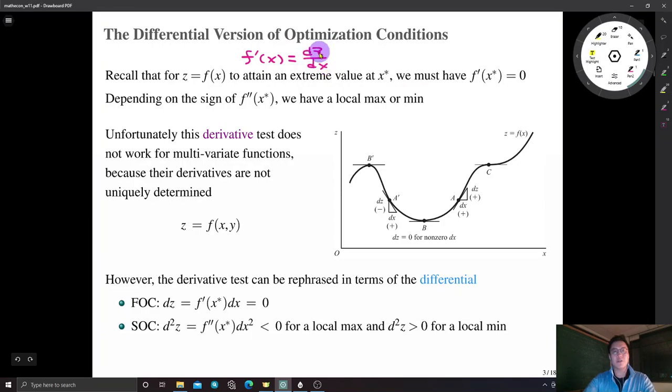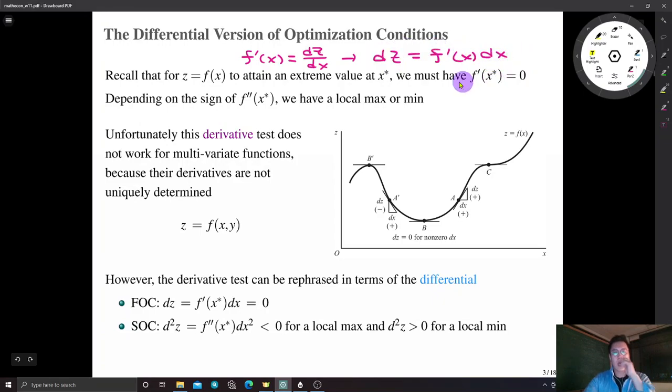Okay, so marginal change in z over marginal change in x. So we can rewrite this in terms of differentials: dz equals f prime dx. Okay? So remember, the derivative specifies the linear relationship between these two differentials.